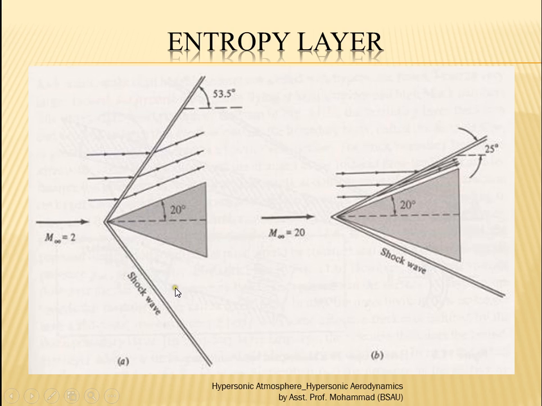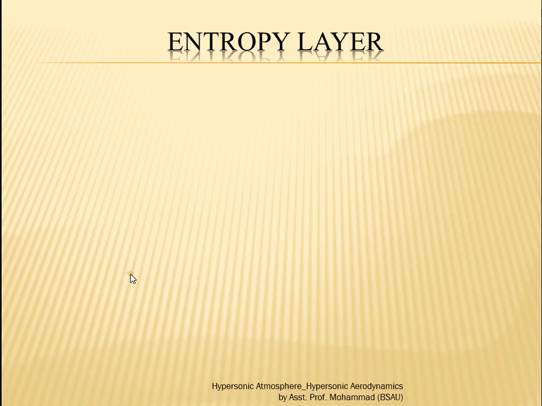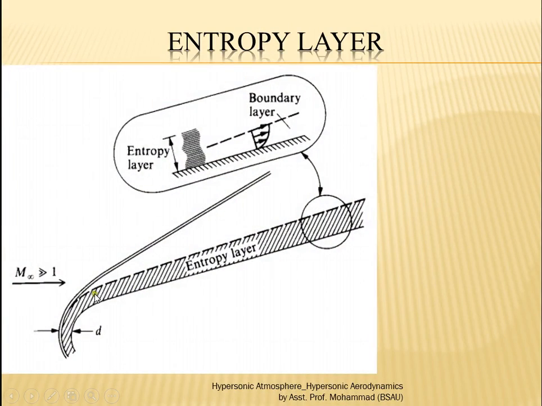In the case of hypersonic flow regime and hypersonic vehicles, we normally have a blunt nose. We normally keep a blunt nose because we want a separation here. So in the separation case, the strength of the shock doesn't remain the same throughout the length.